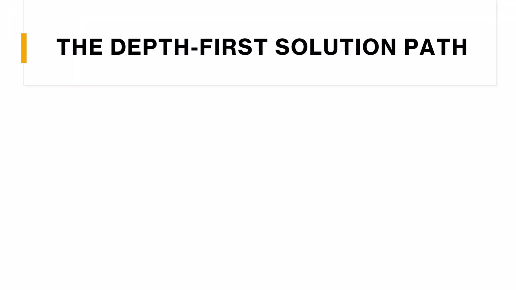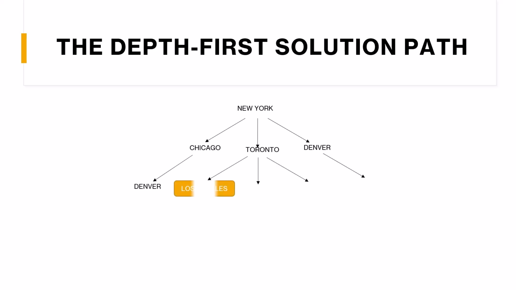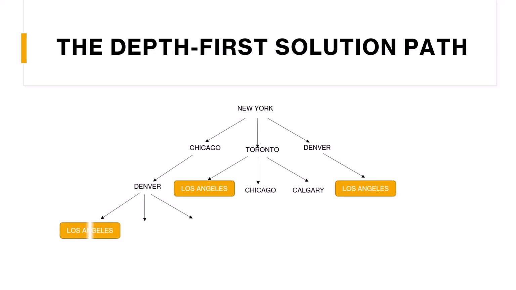Now let's analyze the solution path we took, right? So here we have our origin and the same tree we saw earlier, the direct flights and then routes to different places, including, of course, to Los Angeles.